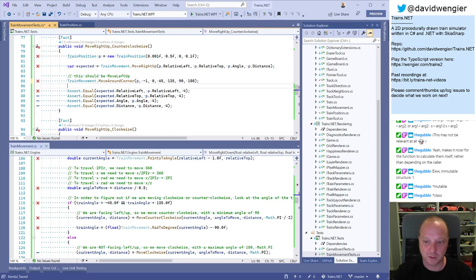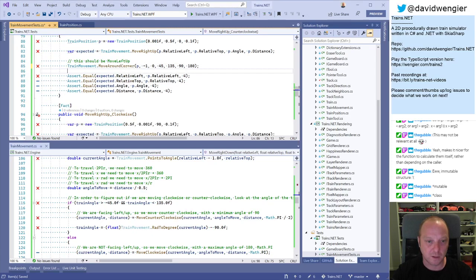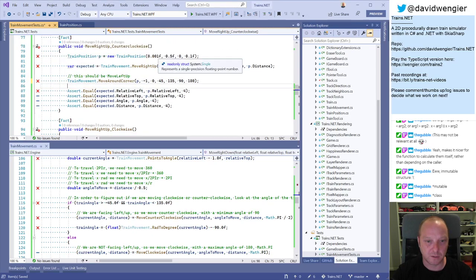Awesome. No, not awesome, because right up counterclockwise means we're coming up from the bottom, so the angle is 270, left is 0.5, this is 0.99, and now it's going green. Yay! Good.